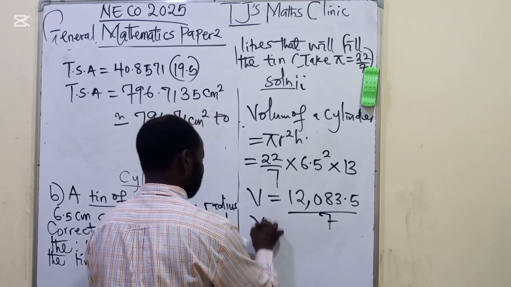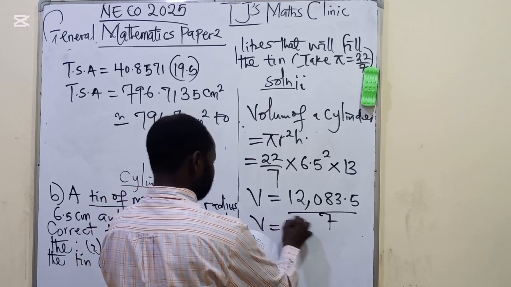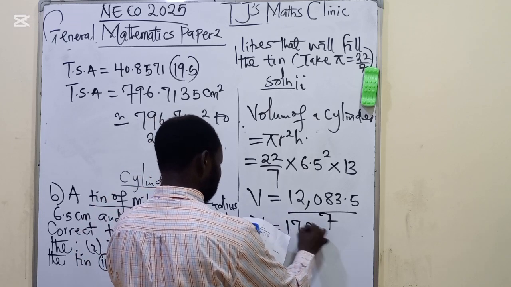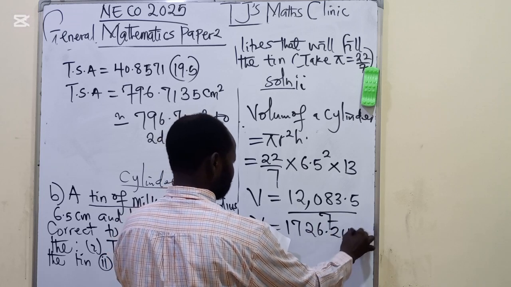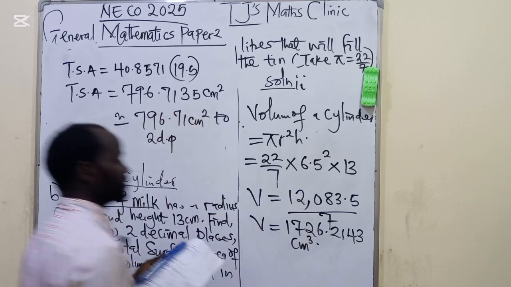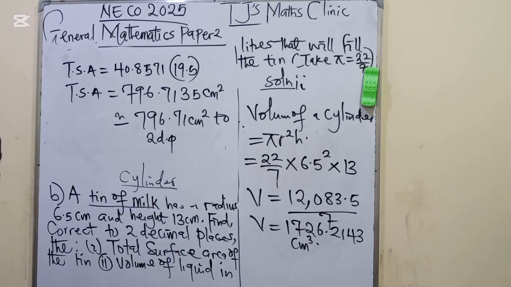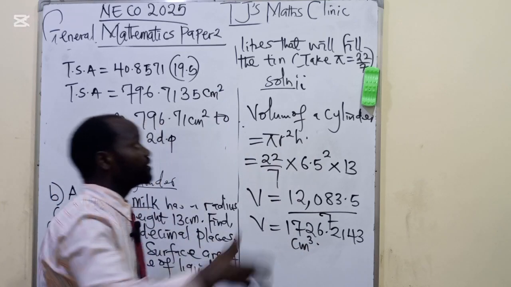So the volume V will be 1726.2143 centimeter cubed. This will be the volume, but we are asked for what? The volume of liquid in liters. So we have to convert this centimeter cubed to liters.